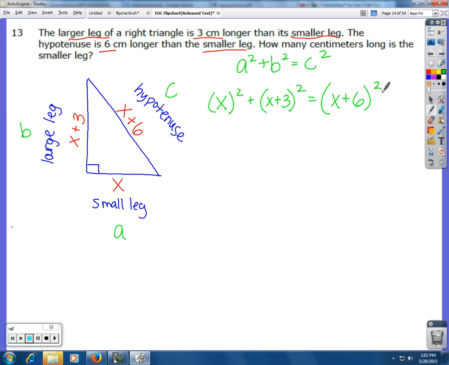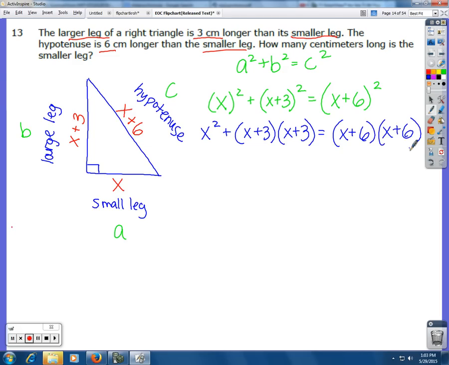Now I'm going to need to simplify. I know that X raised to the second is just X squared. When I have this binomial raised to the second, that means I'm going to write that binomial twice. When I have 2 binomials right up next to each other being multiplied, I'm going to use either the box method or the FOIL method.